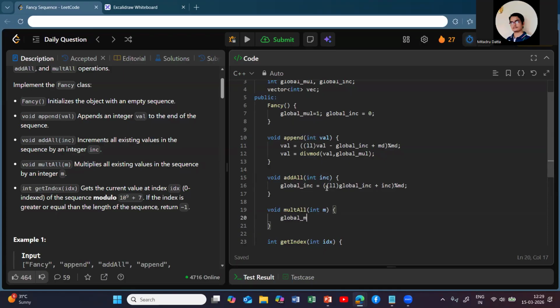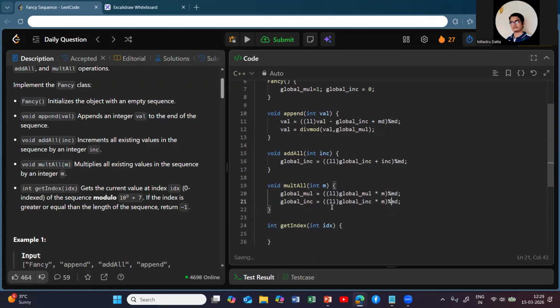For multiplying all, the global multiplier will be multiplied by m, and the global incrementer will also be multiplied by m. The reason I have already explained with some mathematics. So this will be modulo mod. This is all.